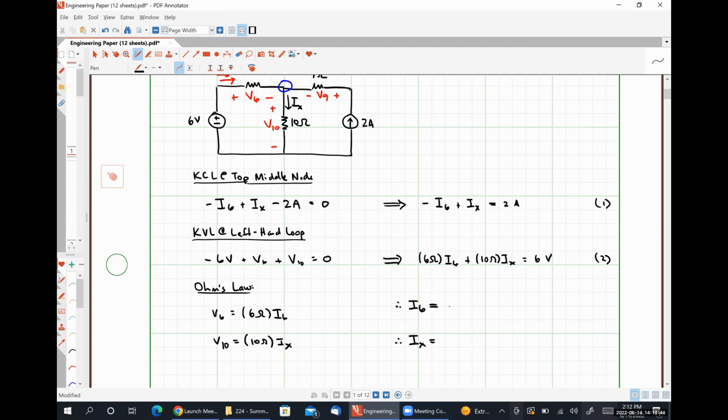So I got I6 to be negative 7/8 of an amp, and I got IX to be positive 9/8 of an amp. I'm going to put a box around IX because that was the quantity.